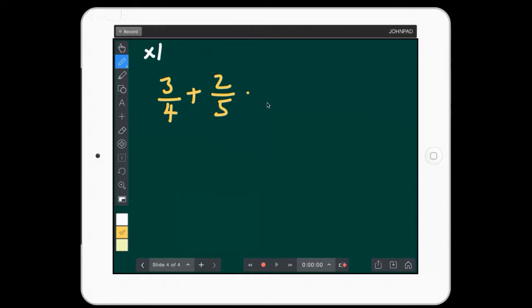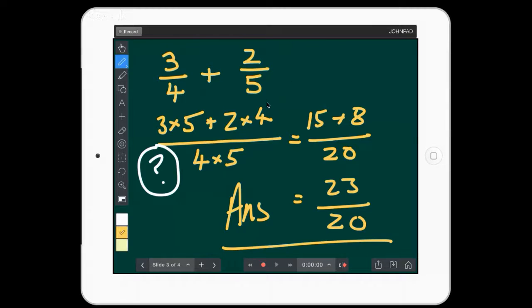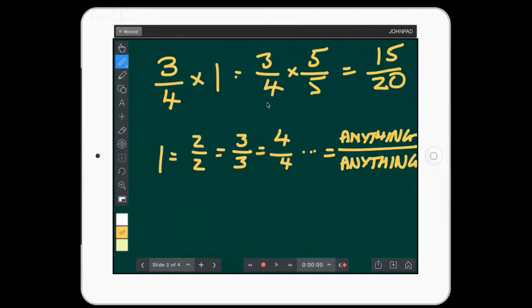Well, that's the same thing as 3/4 multiplied by 1 plus 2/5 multiplied by 1. But if we go back 2 pictures, you'll remember that I can change the 1 into 2 over 2, or 3 over 3, or 4 over 4, or anything over anything.